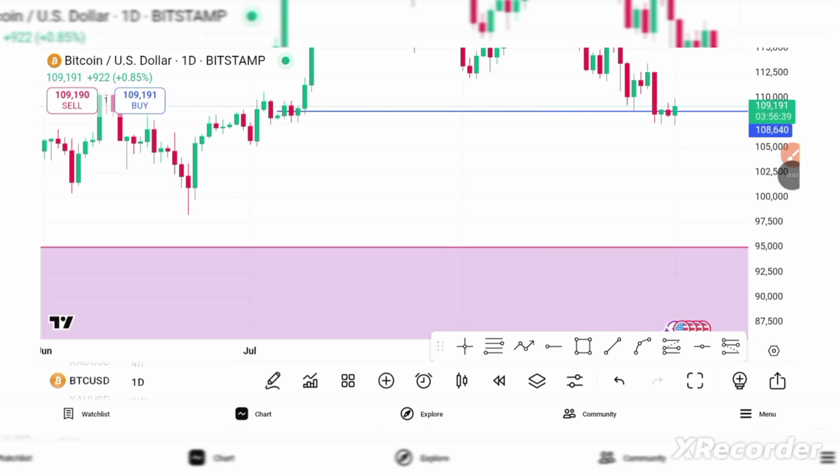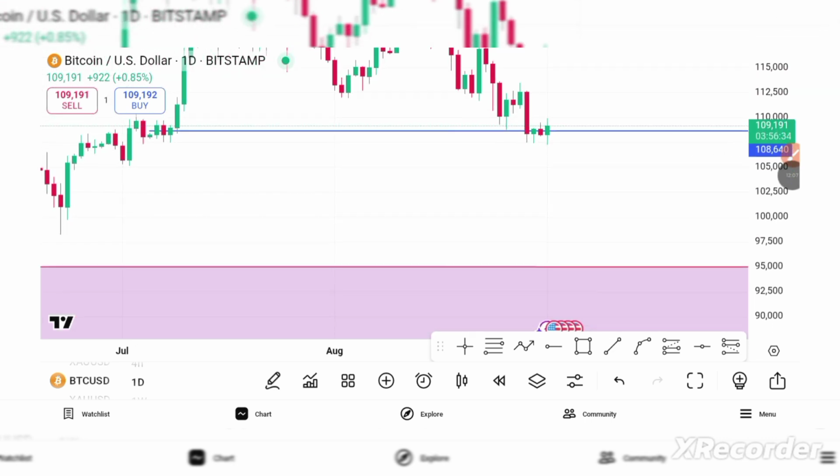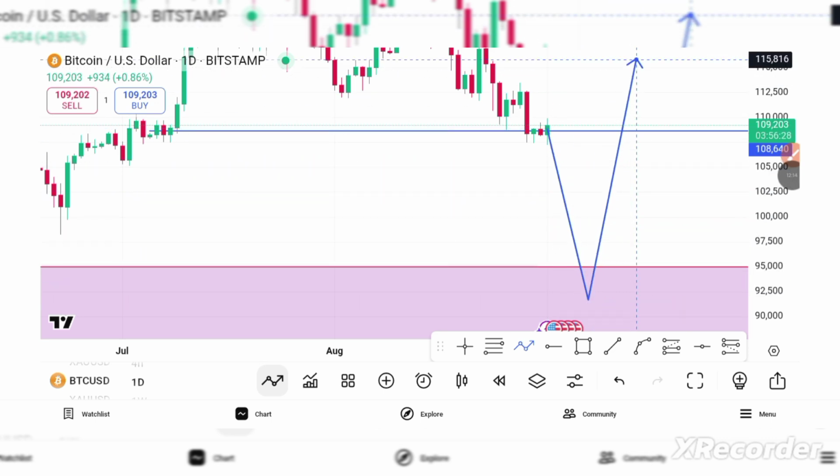But price has to trade inside this zone before giving us a push to the upside.